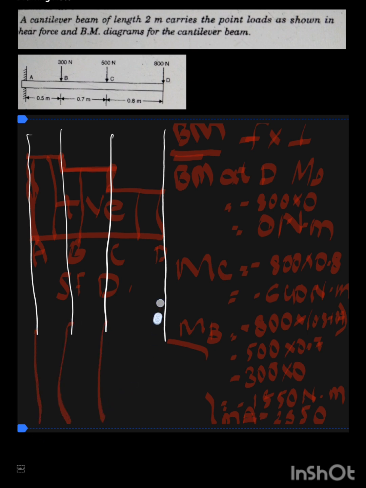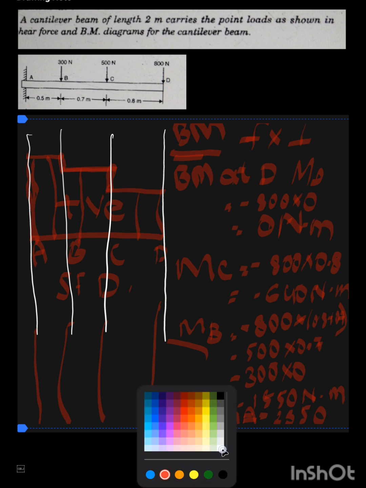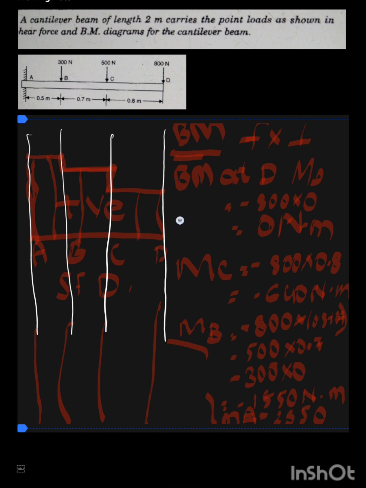Now we will draw the diagram. This is the baseline. Now for this also we will draw a baseline. This is 0. At D, what is that? 0.